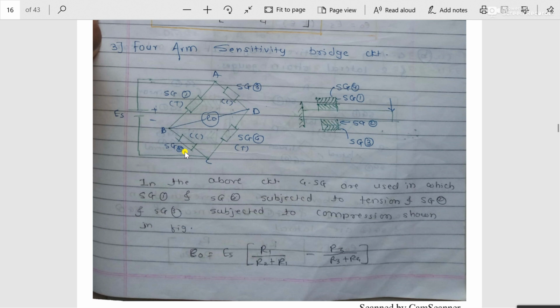Similarly, from the figure, strain gauge 2 and strain gauge 3 are subjected to compression, which means the resistance decreases in strain gauge number 2 and strain gauge number 3, and their values are written in the form of R2 is equal to R3 because both are subjected to compression, which is equal to R minus delta R. Once again, capital R represents the resistance before application of load, and this delta R represents the change in resistance after application of load, but this negative sign represents that the resistance decreases because 2 and 3 are subjected to compression.